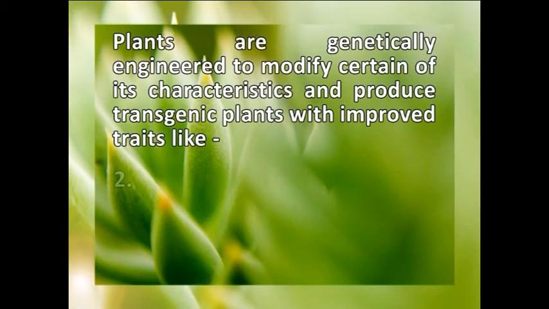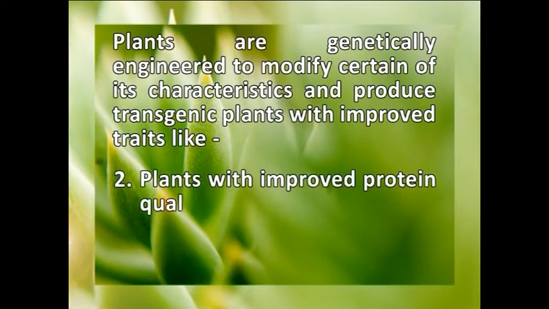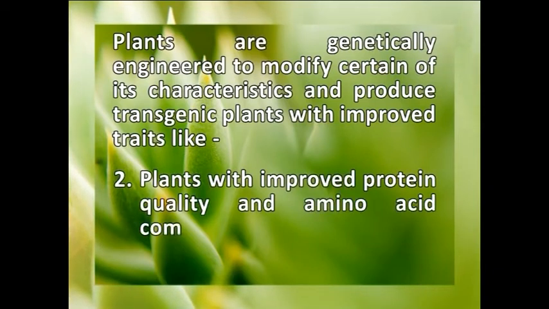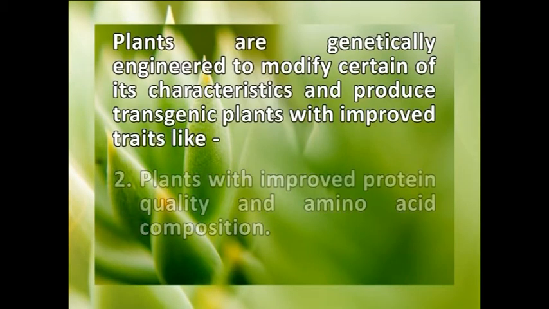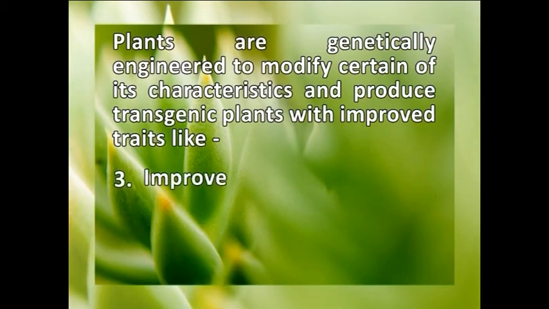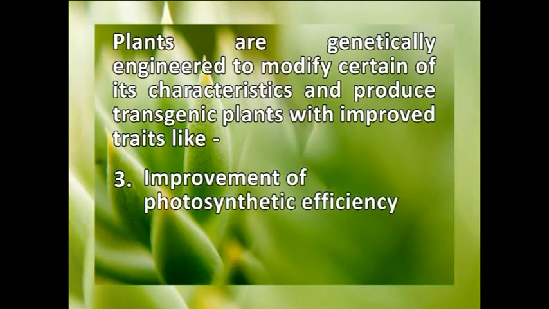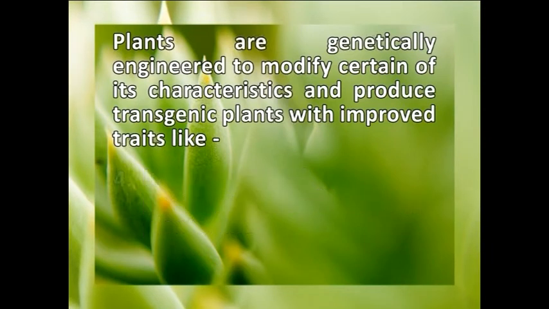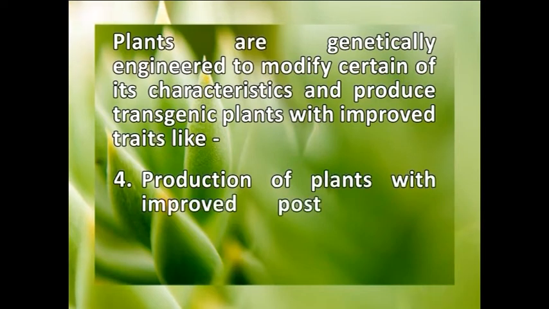And the next one is plants with improved protein quality and amino acid composition. The third modification is for improvement of photosynthetic efficiency in plants. And finally, for production of plants with improved post-harvest handling.